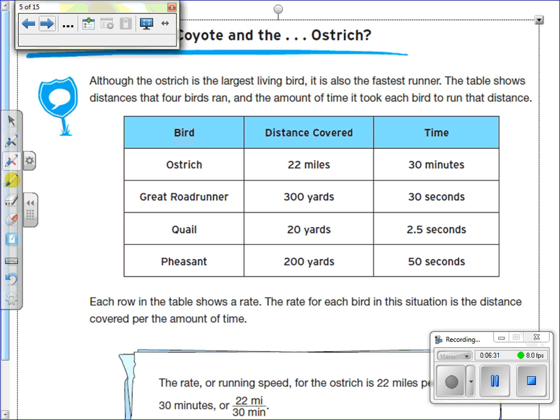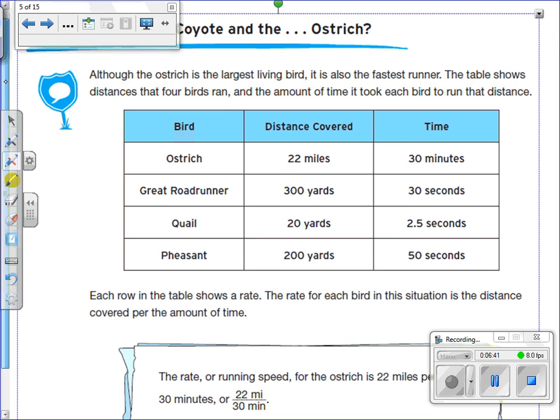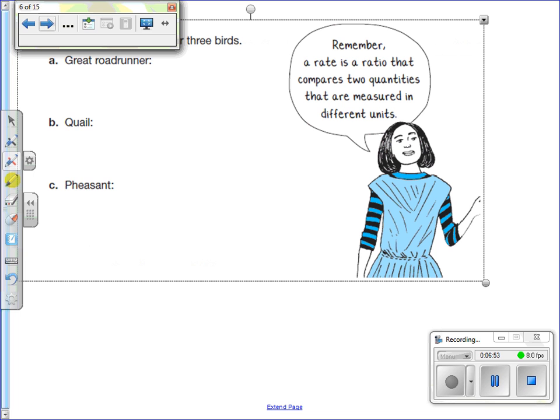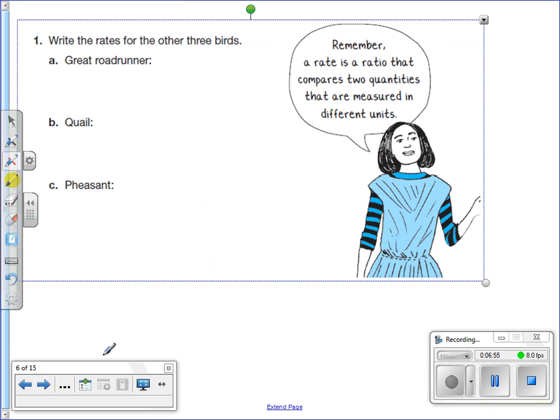Each row in the table shows a rate. The rate for each bird in this situation is the distance covered per the amount of time. So the rate or running speed for the ostrich is 22 miles per 30 minutes, or 22 over 30, which hopefully is pretty standard. So write the rate for the other 3 birds.